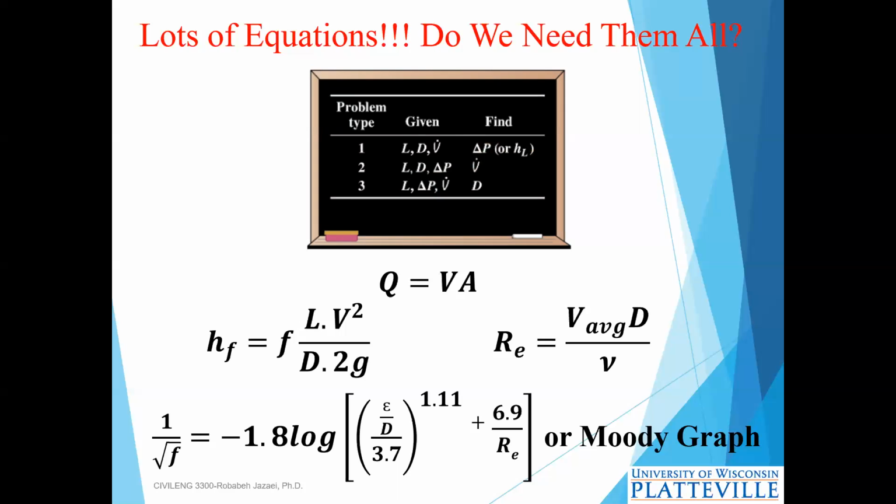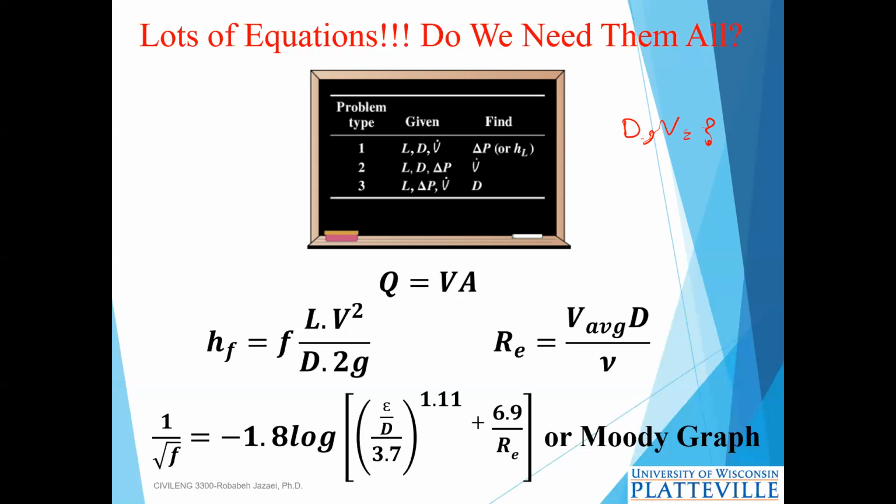What do you think about engineering problems? Usually in engineering problems, at the same time, we don't know the diameter, we just want to design a piping system. So you know from continuity equation, if you don't know diameter, it means you cannot find a velocity. So at the same time, we don't know both of them. How can we solve such a problem? This is the topic for a future lecture.